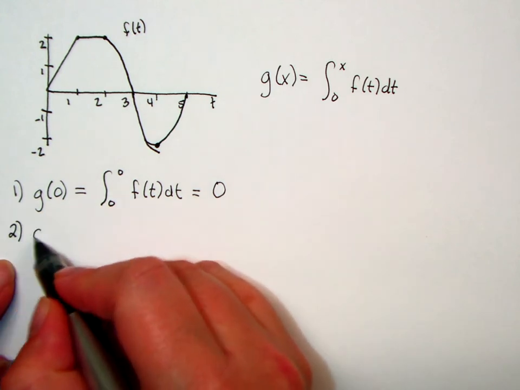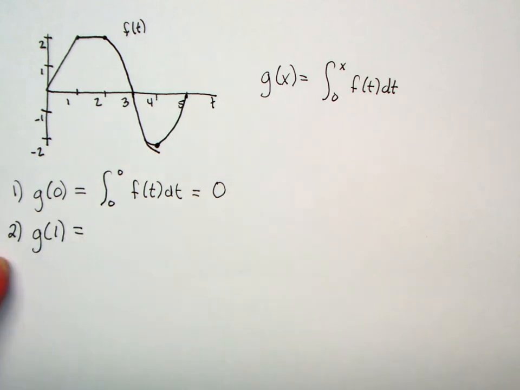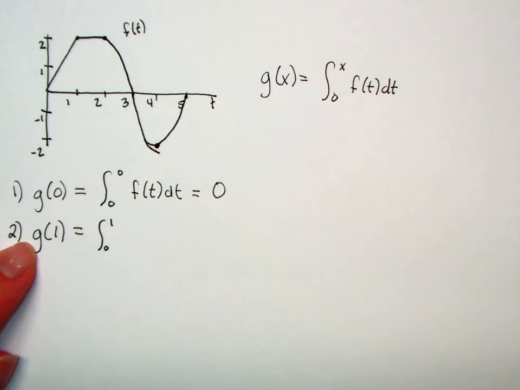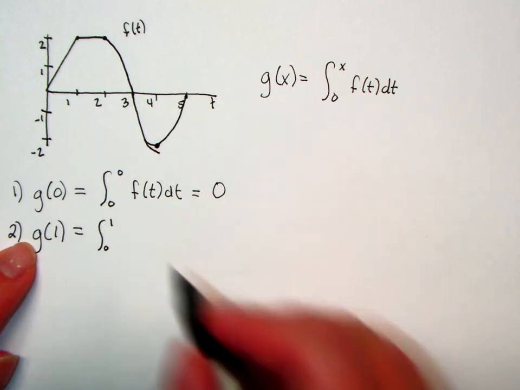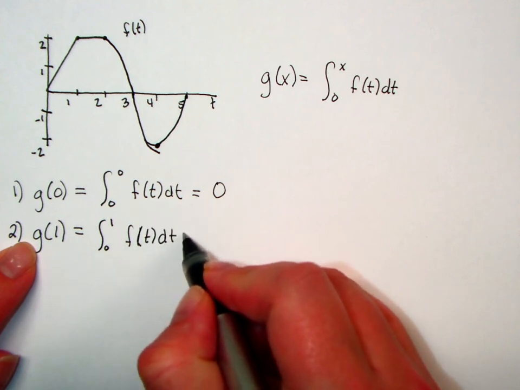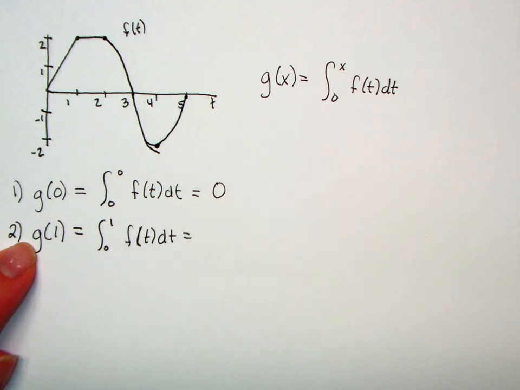If we were to calculate g of 1, what is the area under the curve f of t from 0 to 1? We're moving that x value farther away from 0, so we can use geometry here to evaluate this.